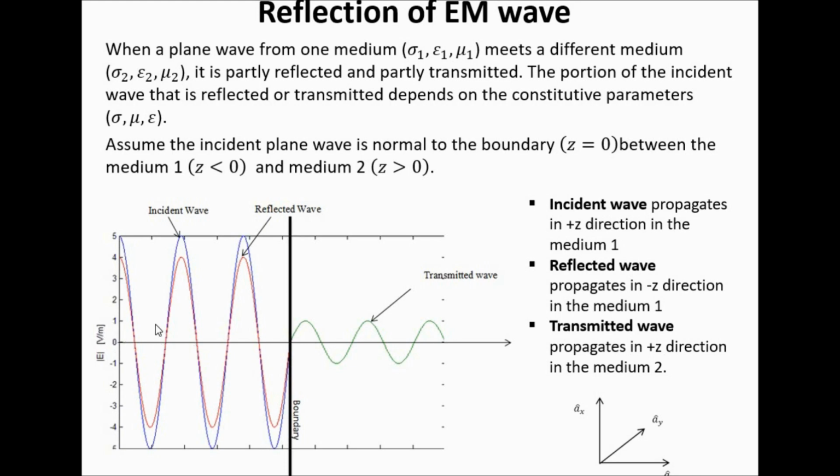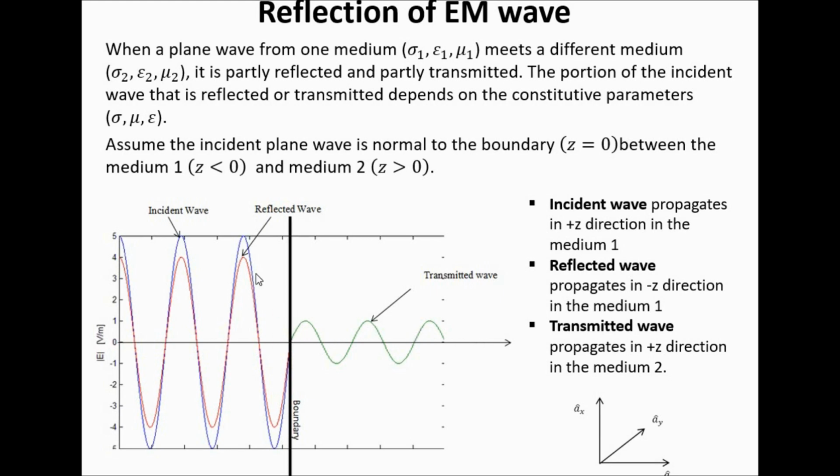The wave that is coming from medium 1 and incident on this boundary is called the incident wave. The part of the wave that gets reflected back into medium 1 is called the reflected wave, and the other part of the incident wave that is transmitted and travels through medium 2 is called the transmitted wave.